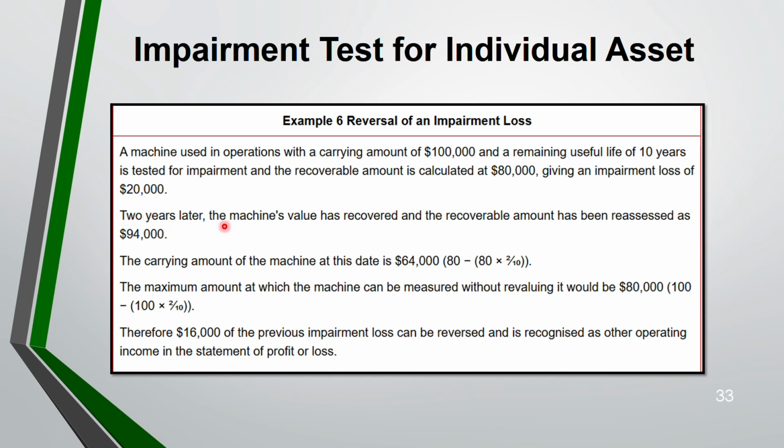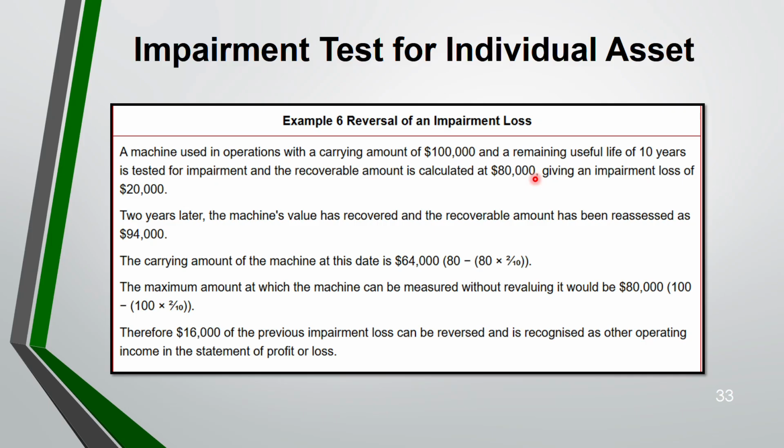For that, you have to know what your carrying amount is in 2 years' time. The carrying amount was 100,000 at the start. Your carrying amount will be reduced down to your recoverable amount, which is 80,000. So this 80,000 is now your carrying amount, but you have to deduct the depreciation.